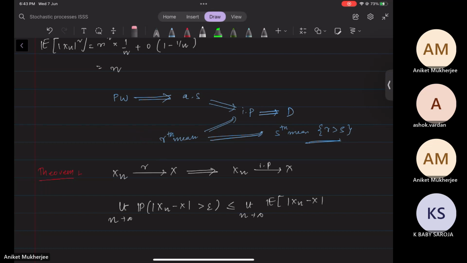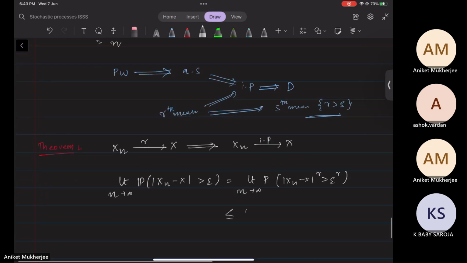Before applying it, this is equal to limit n tends to infinity of probability of mod xn minus x whole power r greater than epsilon power r, for r greater than 0. Now you apply the Markov inequality: less than or equal to limit n tends to infinity of expectation of mod xn minus x power r by epsilon power r.